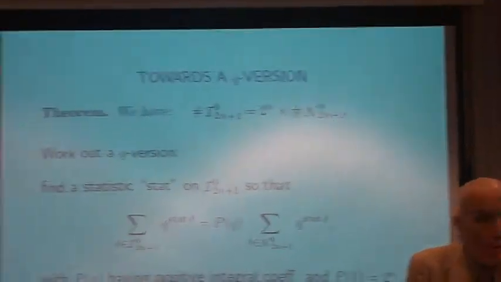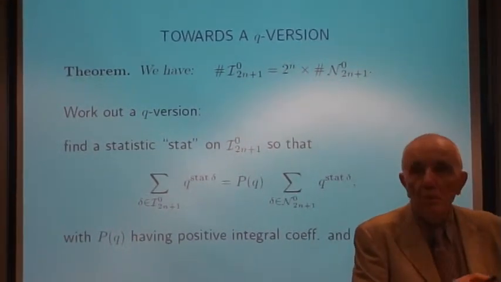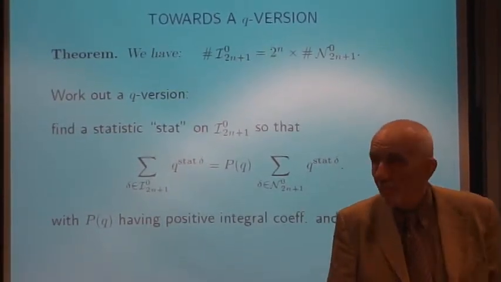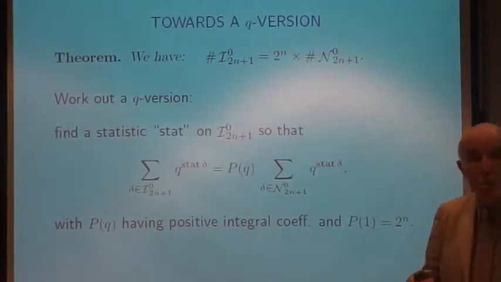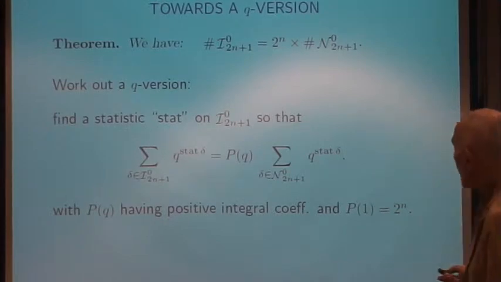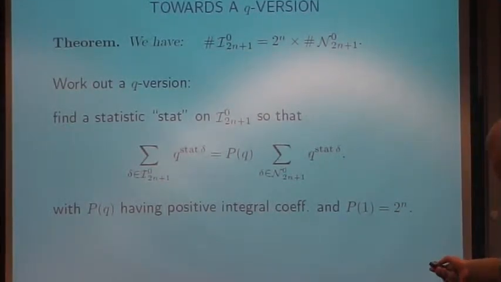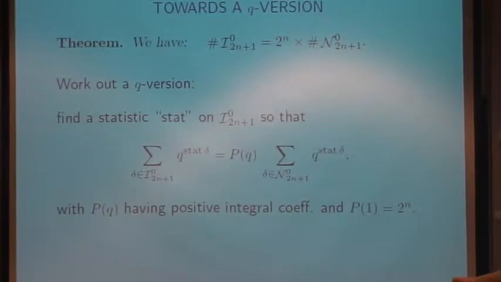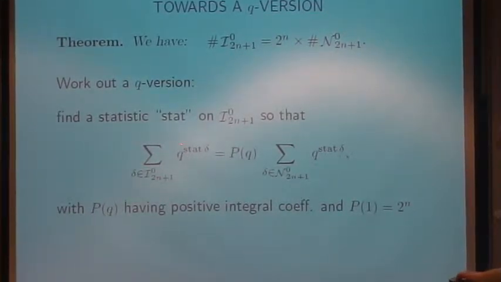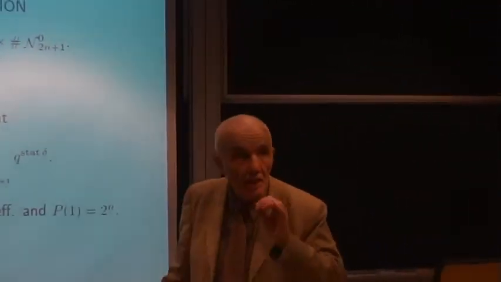Okay, now the purpose was to work out in the Q world if we have this kind of results. So in other words, find the statistics on doublets in such a way that this unique function for interlaced doublets is equal to a polynomial Q, which is a polynomial with positive integral coefficients.